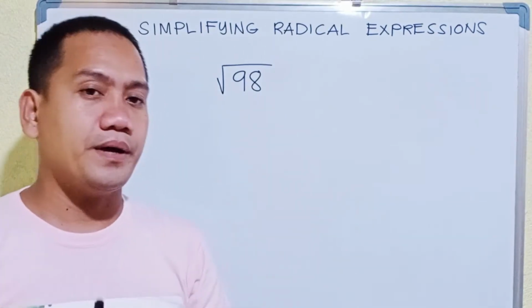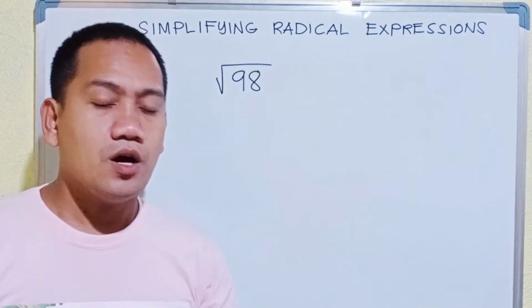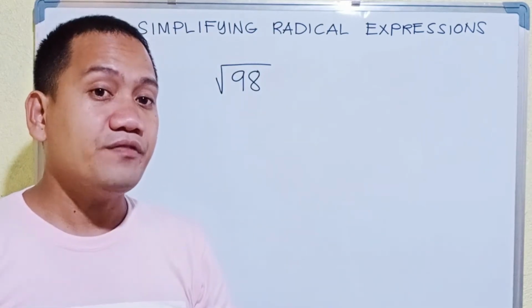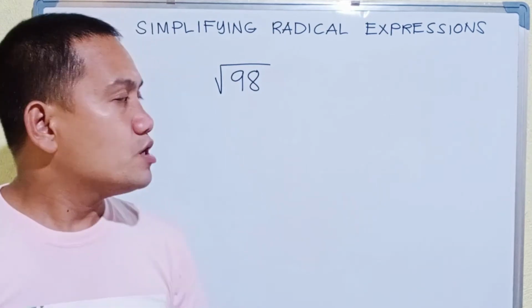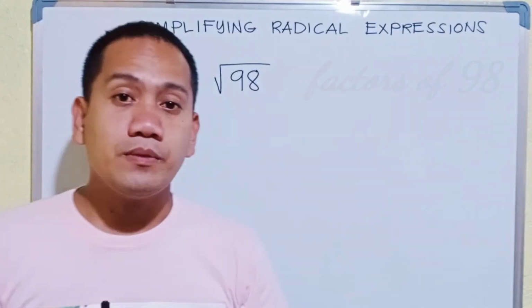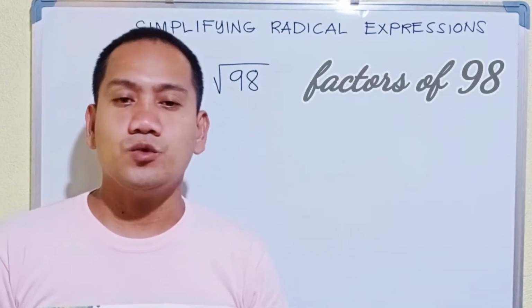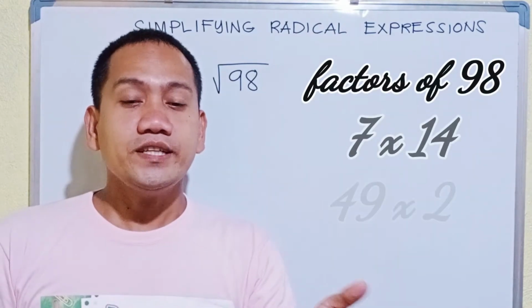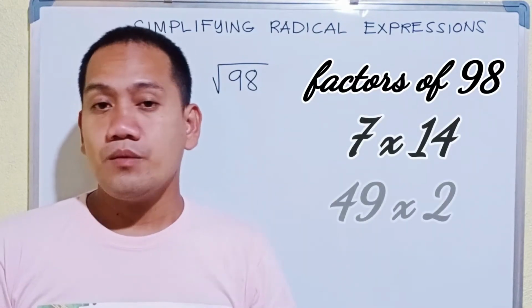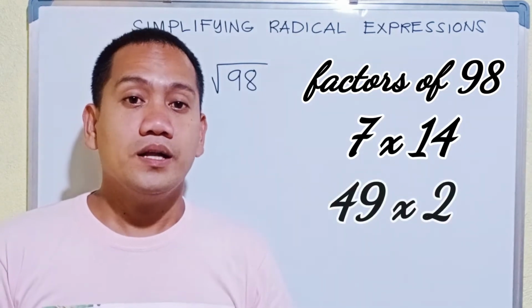But bear in mind that we can still look for possible factors of 98 where one is a perfect square and the other factor is a non-perfect square. So we will think of possible factors of 98. You can probably say that it would be 7 times 14 and 49 times 2. Both pairs of factors will give us a product of 98.